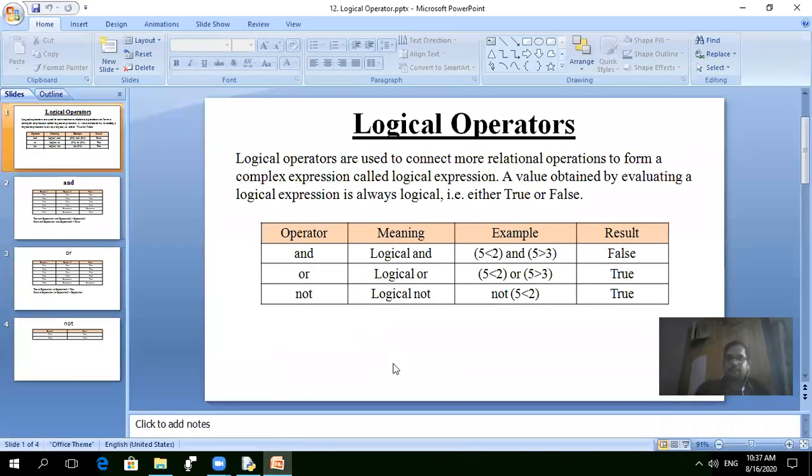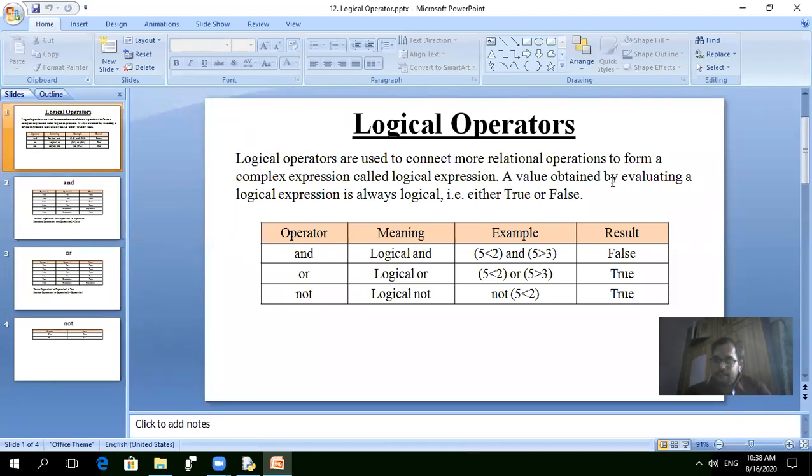Now the next operator is logical operator. Logical operators are used to connect two or more relational operations to form a complex expression, called a logical expression.